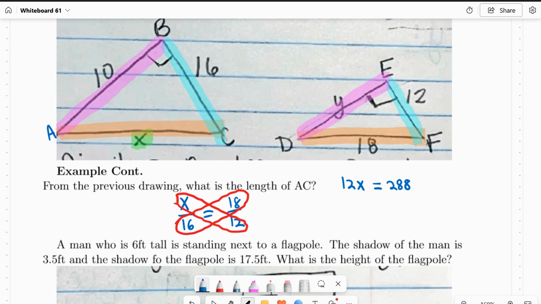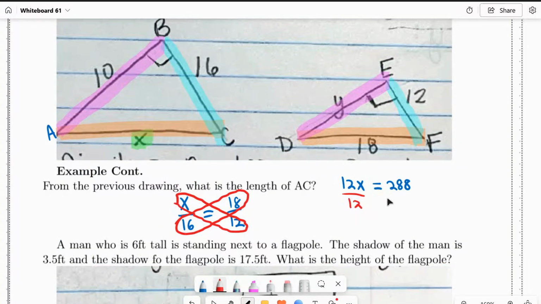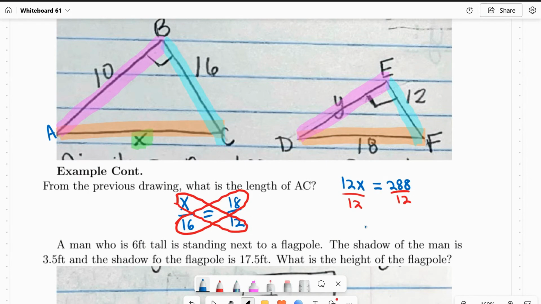Now to solve the equation, to find x, we are going to divide the coefficient from both sides, which will give me x equals 24. And in this one, we do not have any units attached, so that can be our final answer.